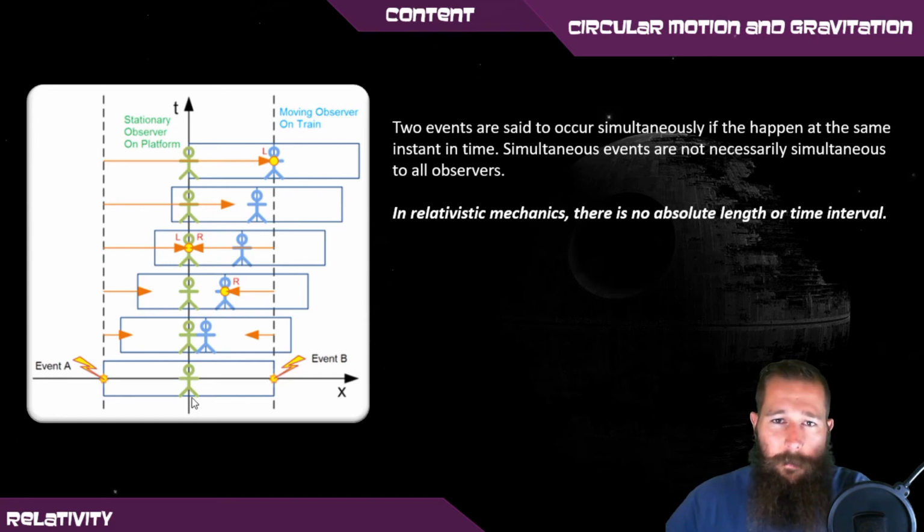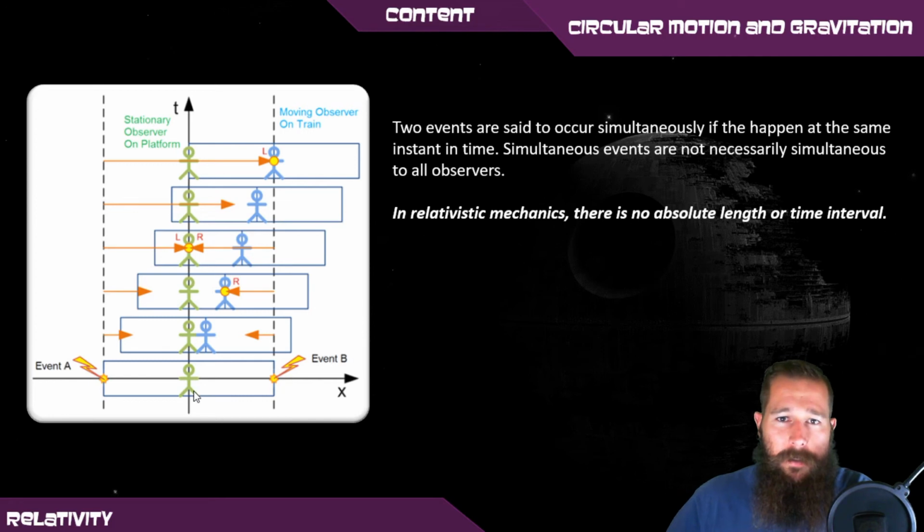In this example, we've got a green person who is on the train station platform and a blue person who is actually on the train. The events that occur are at either end of the carriage. You can see this blue box represents this carriage, and over the course of time it shifts slightly to the right. These arrows represent the progression of the event in terms of the speed of light to when they will be observed.